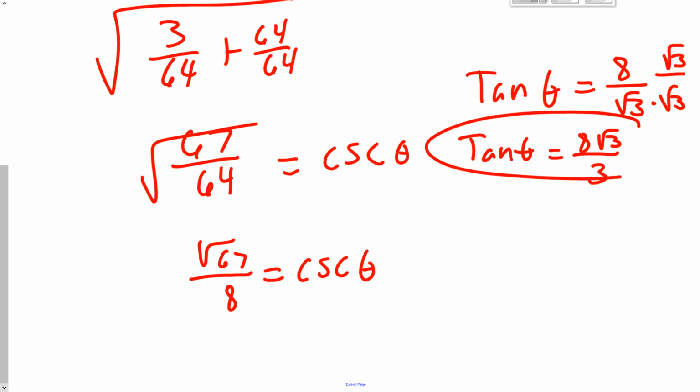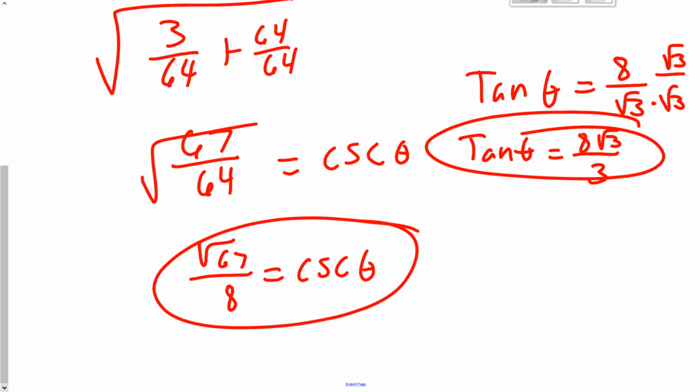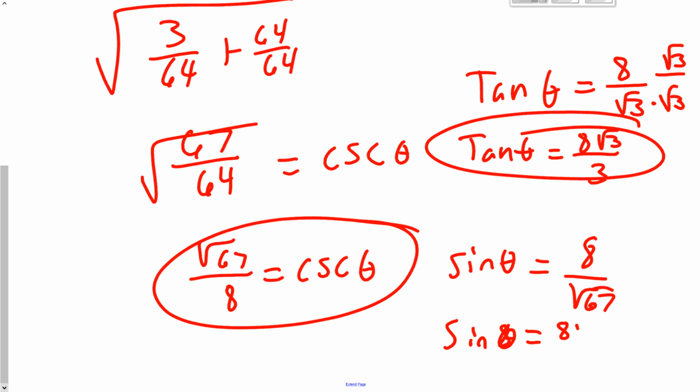So there we have 1, 2. Now I can do the reciprocal of cosecant, which is sine of theta. So I flip that fraction. So that's 8 over √67. Sorry, 8 times √67 over 67. I can't reduce 8 and 67 now.